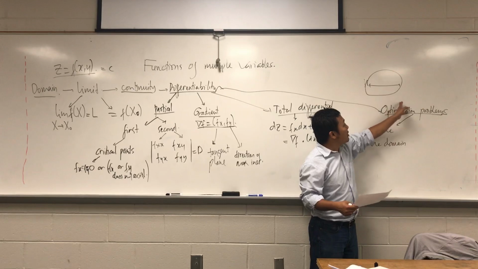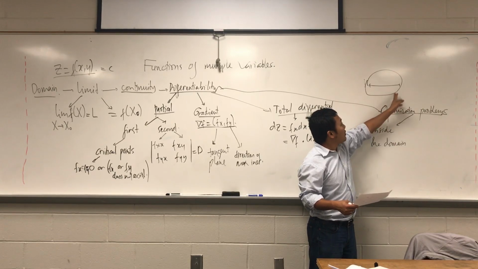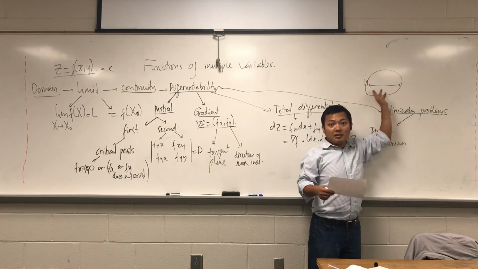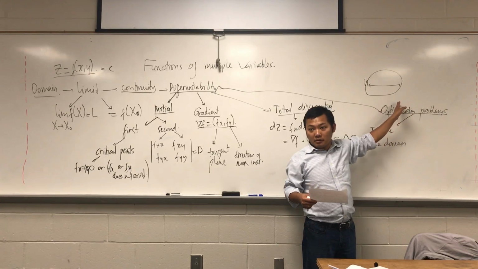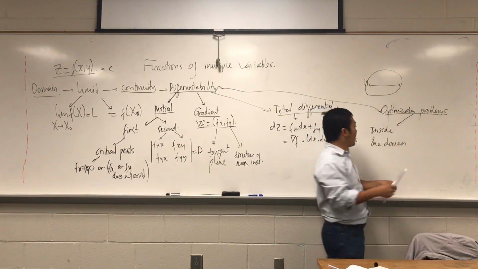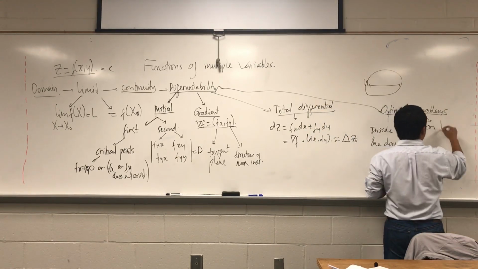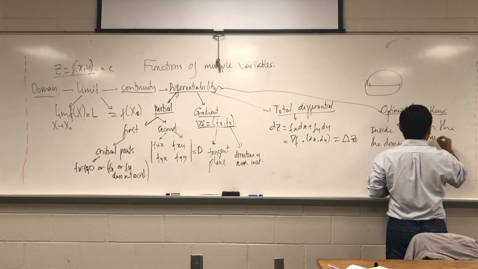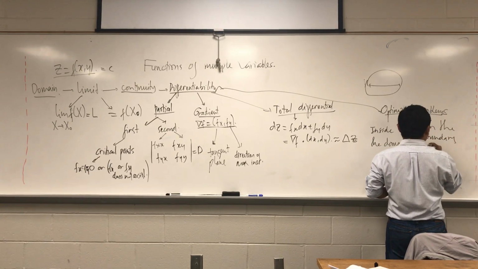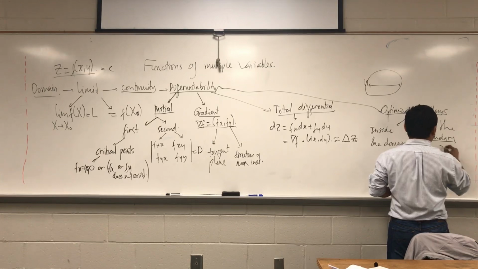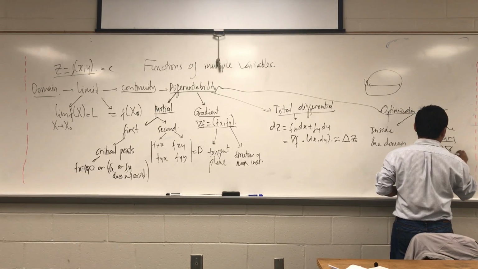If the gradient is perpendicular to this, it means the gradient vector of the constraint is a scalar multiple of that. So on the boundary, you need to solve gradient f equal to lambda gradient g.